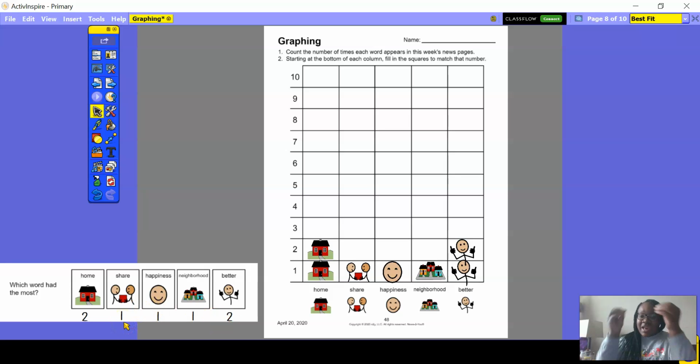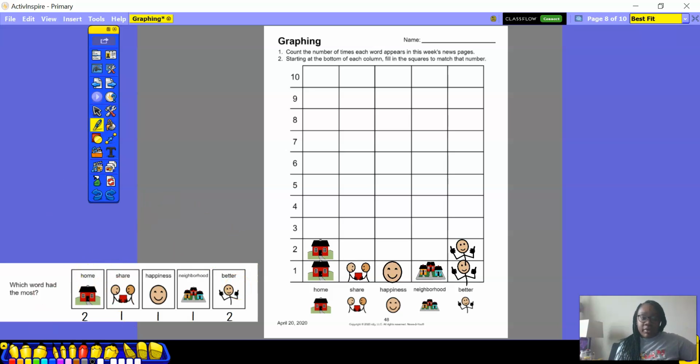If I have 2, I have more. But the word home and better both have 2. So I'm just going to circle both of them. I'm going to take my writing tool, circle home, and circle better. So home and better, those are the 2 words that had the most.